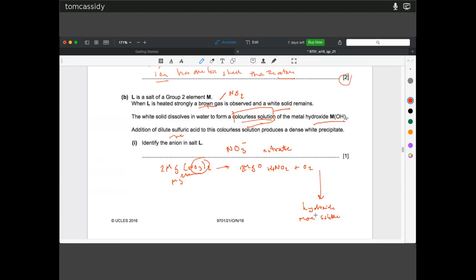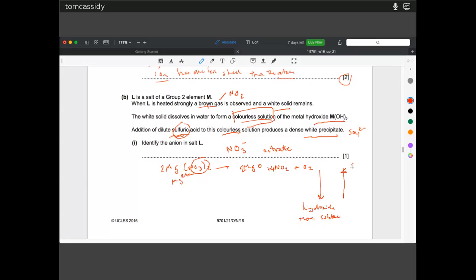of group 2. And later on, they're adding a sulfuric acid, and that colorless solution, this magnesium, or whatever this hydroxide is, forms an insoluble precipitate. So that's a clue that with sulfuric acid, you're forming a sulfate. And you need to know in group 2 that the sulfates have the opposite behavior.